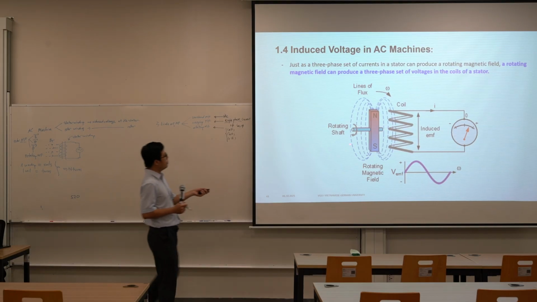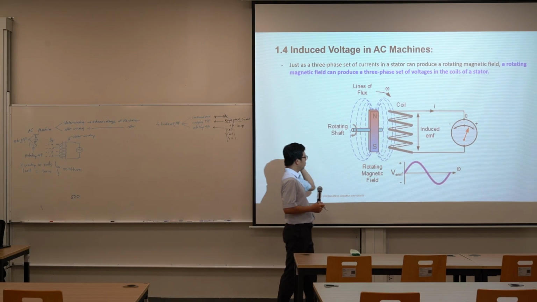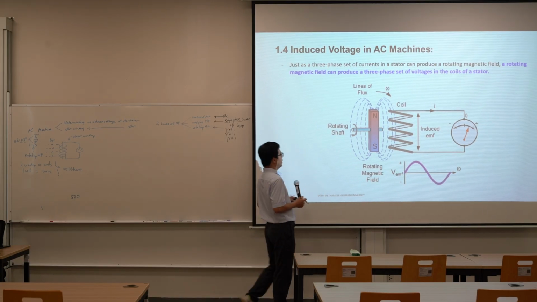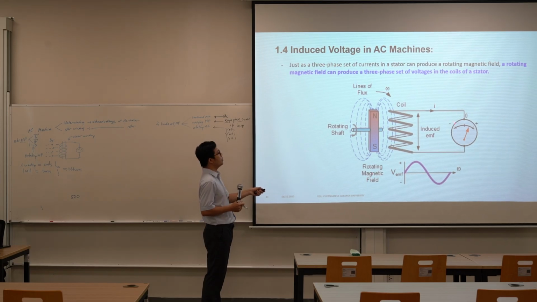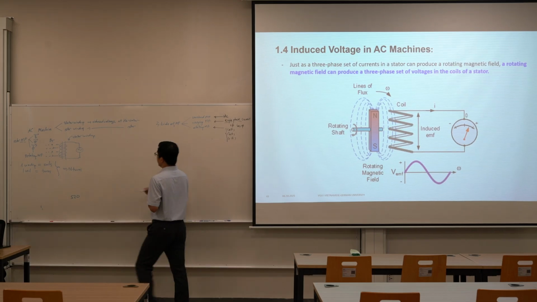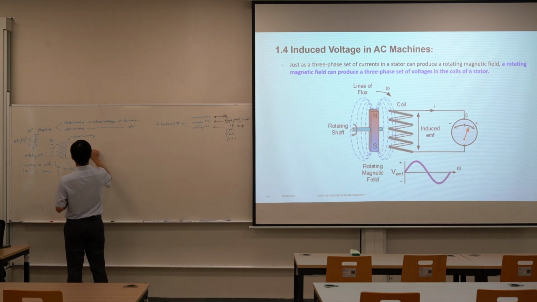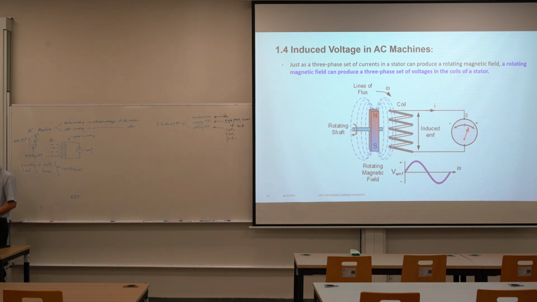If this permanent magnet moves upward and downward, we can get a rotating magnetic field. The induced voltage is AC, and we call it EMF. What does EMF mean?